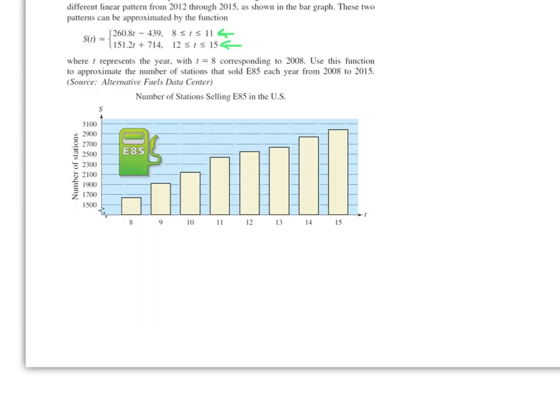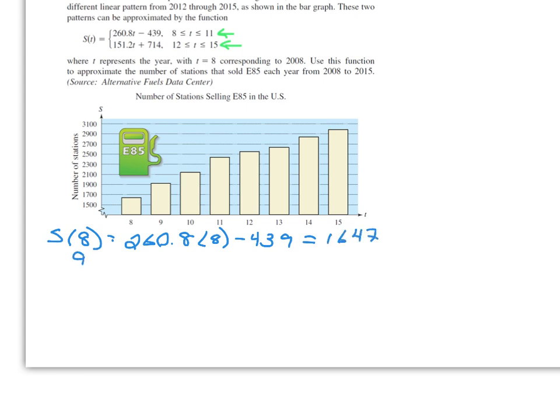So this is when we're going to use our calculators, and we're going to plug this into the calculator. So we're going to do S at 8, which is 260.8 times 8 minus 439. And when you plug that in your calculator, it's 1647.